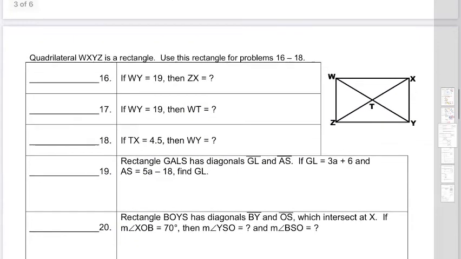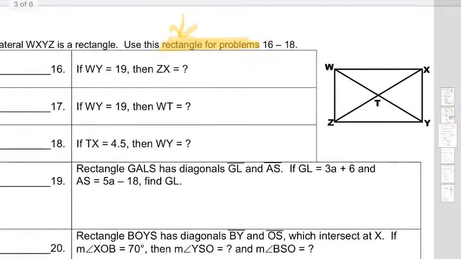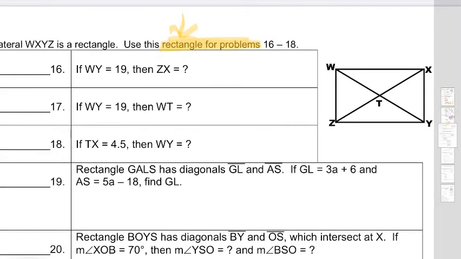Now we're going to questions 16 through 20. And so question number 16 through 18, they're telling you use the rectangle. So we already know it's a rectangle. That means all the properties, even the special ones, of a rectangle apply here.